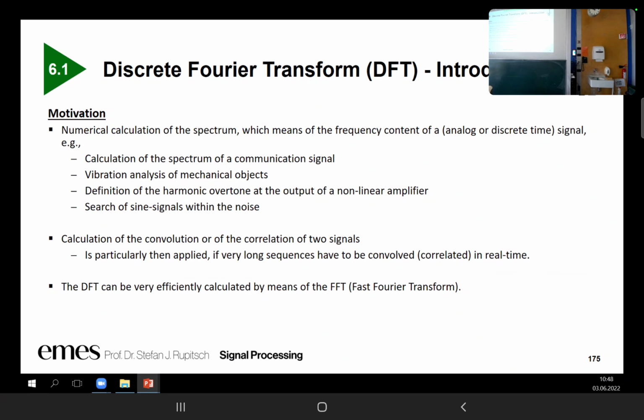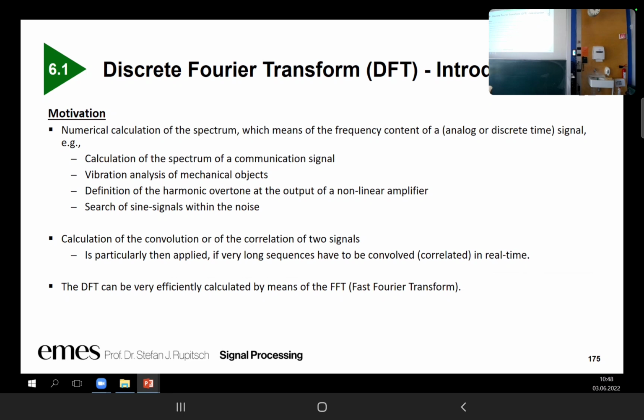Here some further motivations. Numerical calculation of the spectrum, which means of the frequency content. We do this for the calculation of the spectrum of a communication signal. If we have to perform a vibration analysis of a mechanical structure, we take a look at the frequency spectrum, but also we are interested in overtones of nonlinear amplifiers.